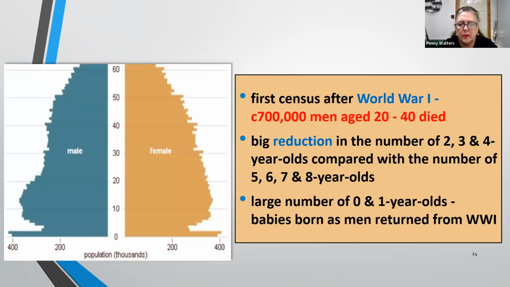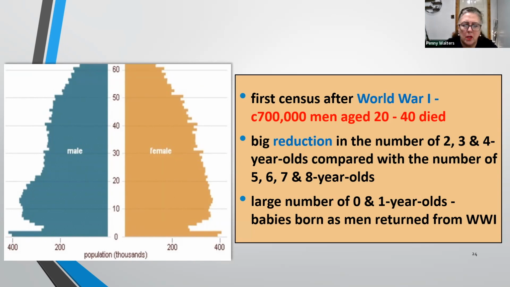So back to the UK and Wales. This was the first census after World War One, and it's been estimated that 750,000 men between 20 and 40 died.